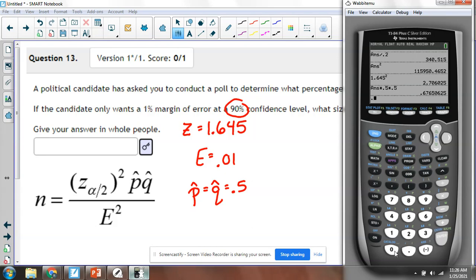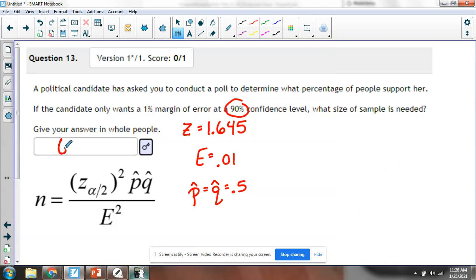And then I'm going to do 0.01 squared on the bottom and divide by E squared. This divided by this. So it looks like it's 6,765.06 or 6,766.